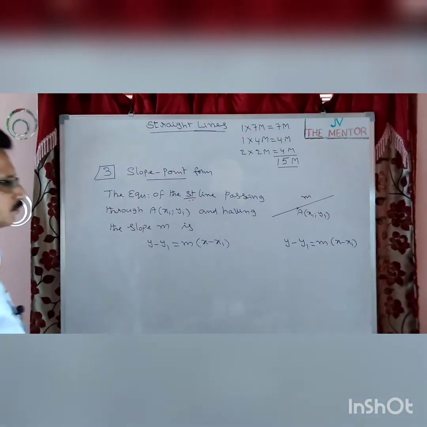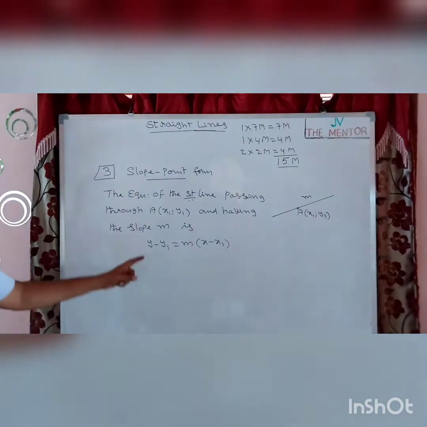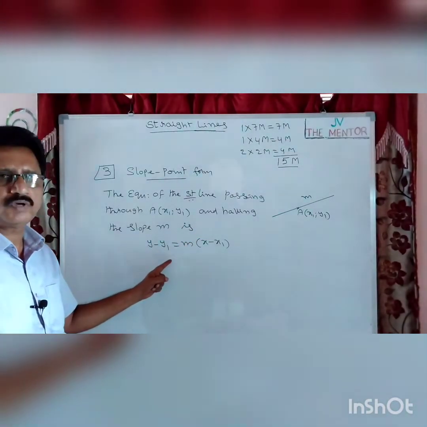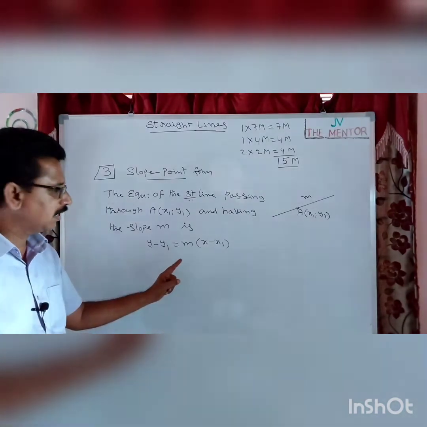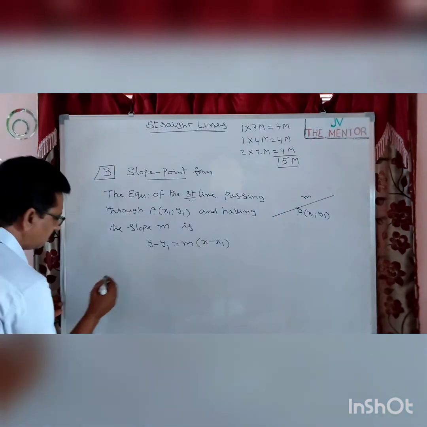Okay na? Draw the diagram also. So this is the equation of the straight line passing through the point (x1, y1) and having the slope m. Now taking one example.